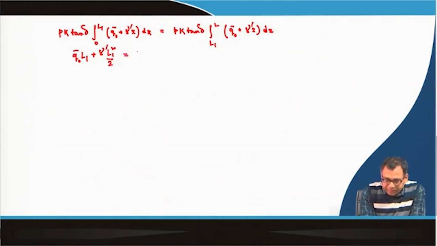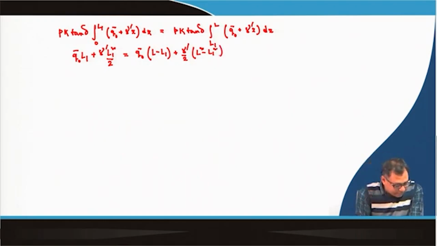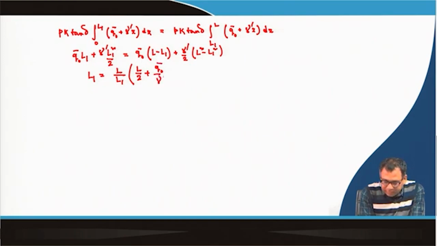Then this will be again q 0 bar and z, that means L minus L1, then plus gamma dash by 2 into L square minus L1 square, because z square. So, now we can write the L1 value is equal to L by 2 plus q 0 bar divided by gamma dash minus 2 q 0 bar divided by gamma dash.